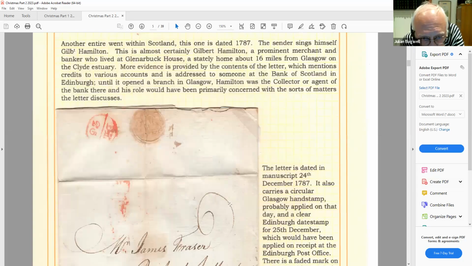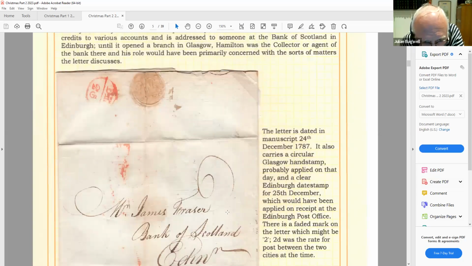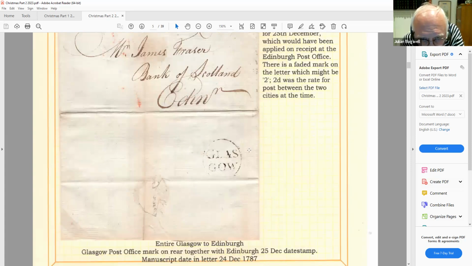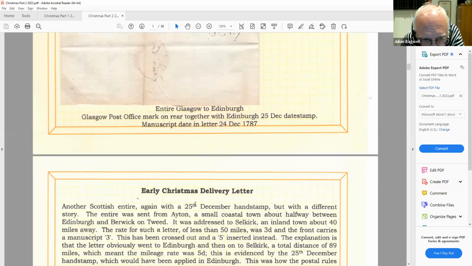Interestingly, it was sent to a chap who was a banker, and there's one or two more like that. And on the rear here, you can see, we haven't seen this before, a very straightforward circular Glasgow mark in 2 rows, actually. And later on, that changed.